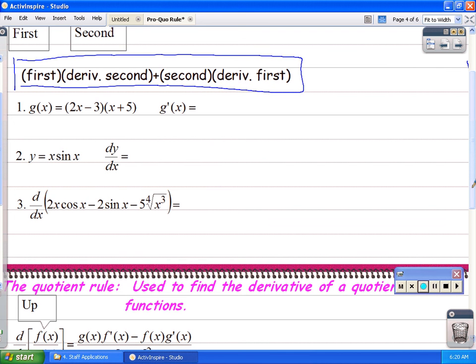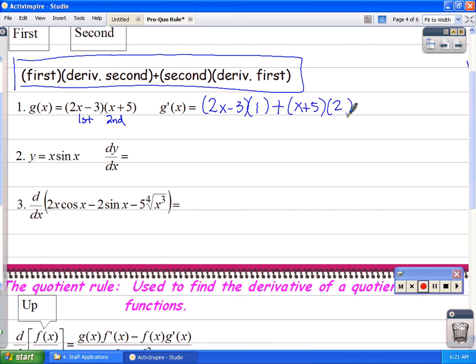So, for example, in problem number 1, we have a product of two functions. This is the first function, 2x minus 3, and this is the second function, x plus 5. To find the derivative of that, we take the first function times the derivative of the second. The derivative of x plus 5 is simply 1, plus the second function, which is x plus 5, times the derivative of the first, which is 2.